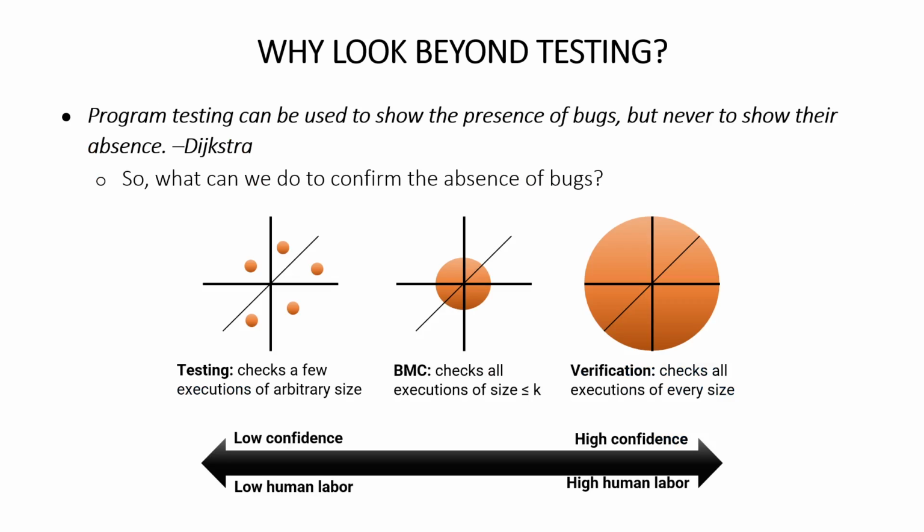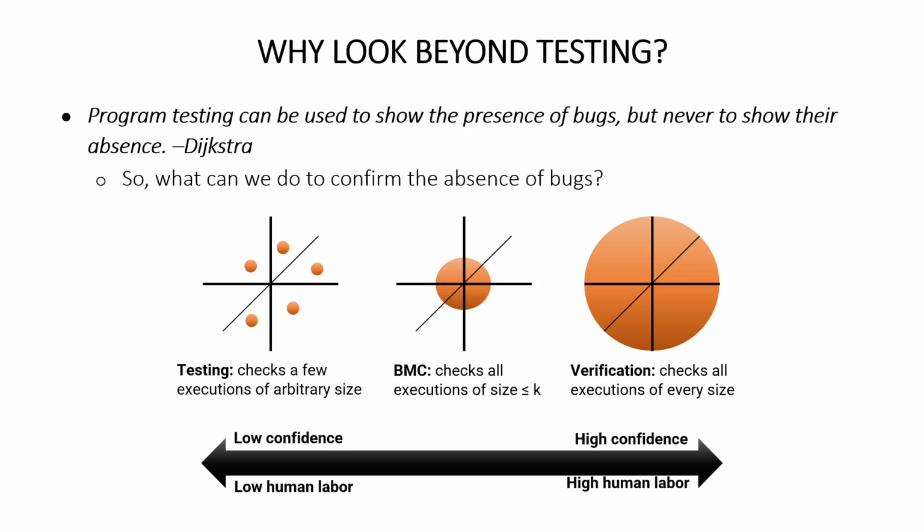And again, software testing. Usually in testing, we can check a few executions, of some size based on how much money and resources we have. Then there is something in formal methods called bounded model checking. The third and fourth tools that we will look at allow bounded model checking. They allow you to explore everything in some region of interest.